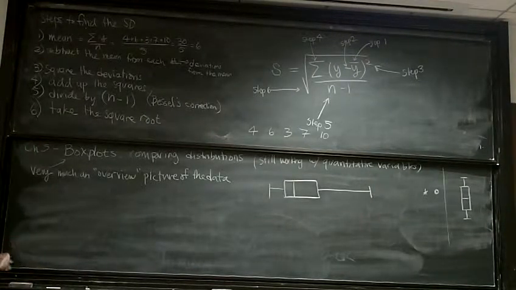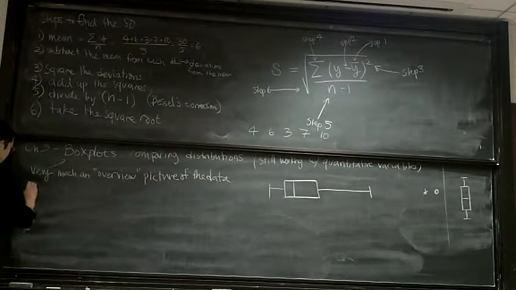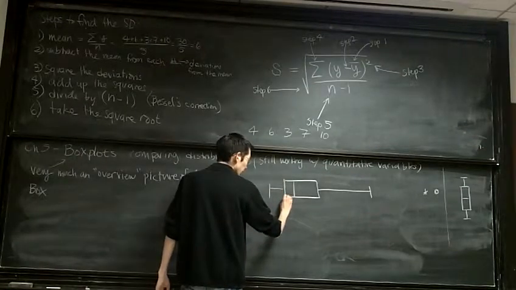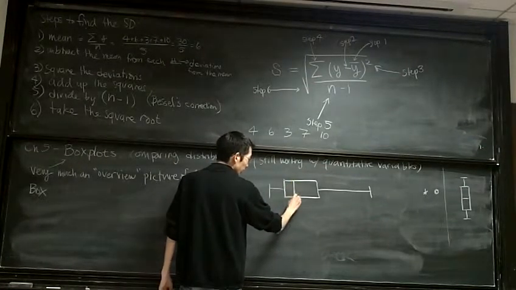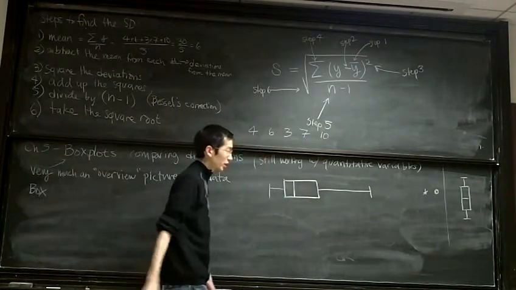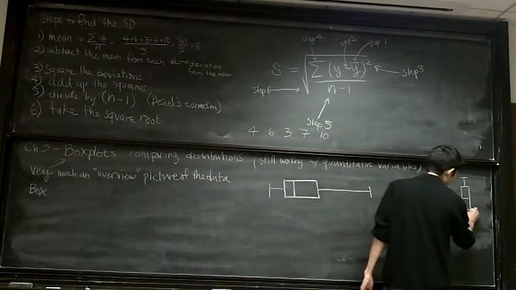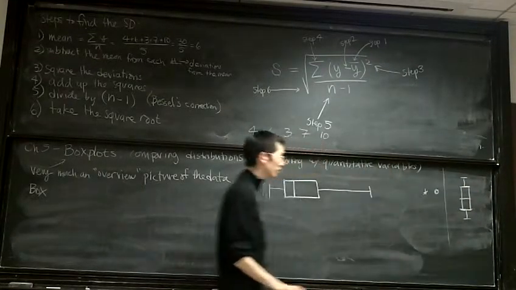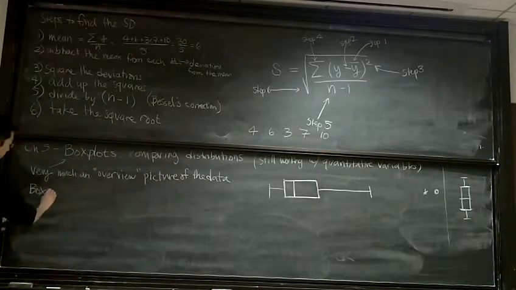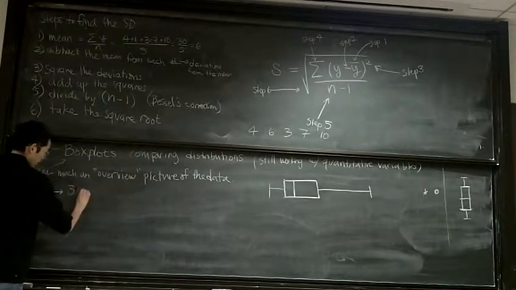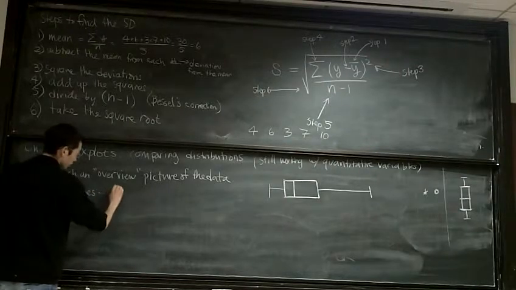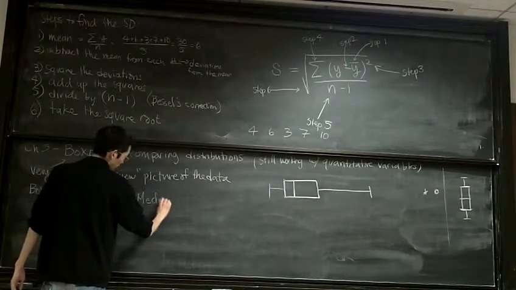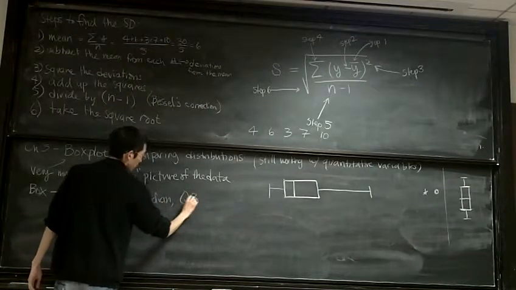So let's look at the box first. There are 3 lines in the box: the bottom edge, the middle line, and the upper edge. In this box plot, we've got them down here, right here, and right there. Those are going to be the first quartile, the median, and the third quartile.